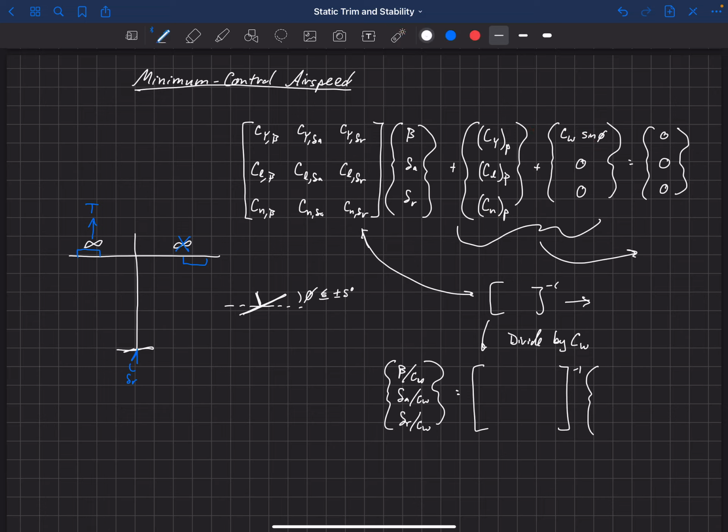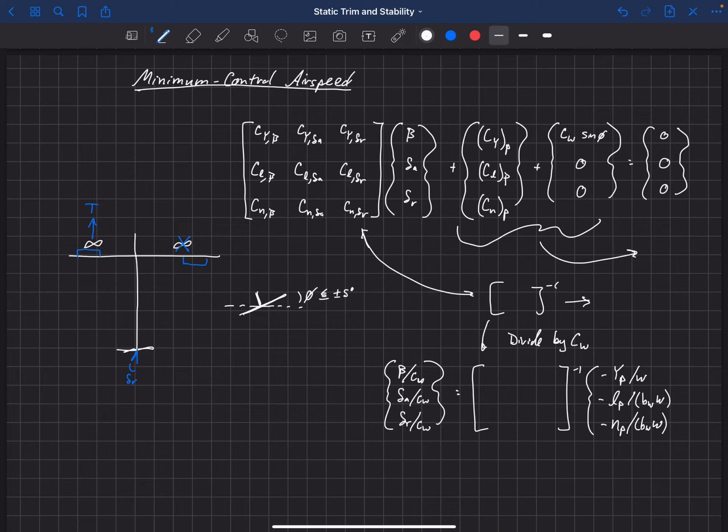And so what happens is I get back dimensional values for side force. So Y sub P, that's the side force from the propulsion system, divided by weight, minus the rolling moment of the propulsion system, divided by the wingspan times the weight, and the yawing moment of the propulsion system divided by wingspan and weight.